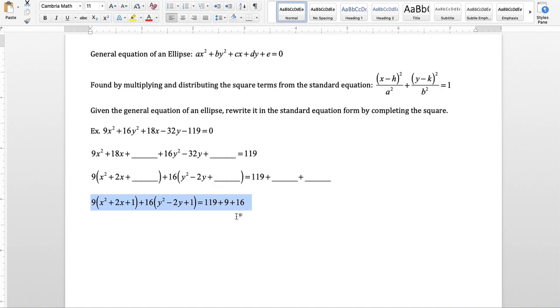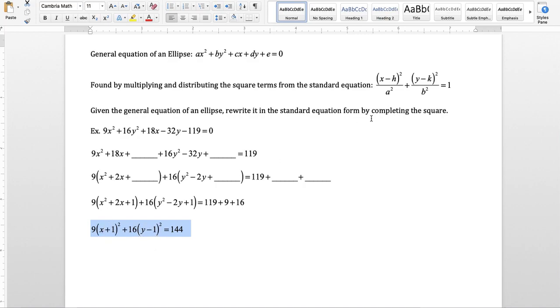Now, over on the right side, this 1 that we added is actually 9 times 1, so we've added 9 over here on the right. The 1 that we've added by completing the square for the y terms is actually 16 multiplied by 1, giving us 16 there. It's a perfect square. We will then factor.